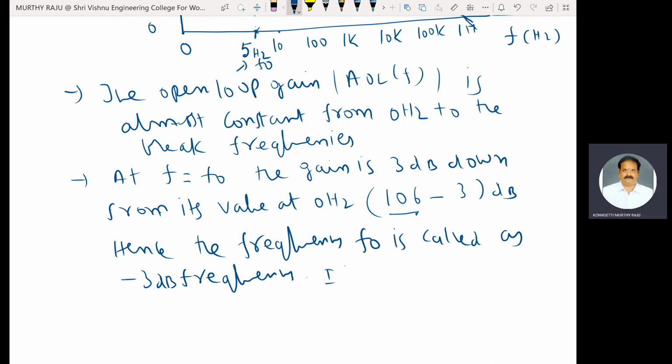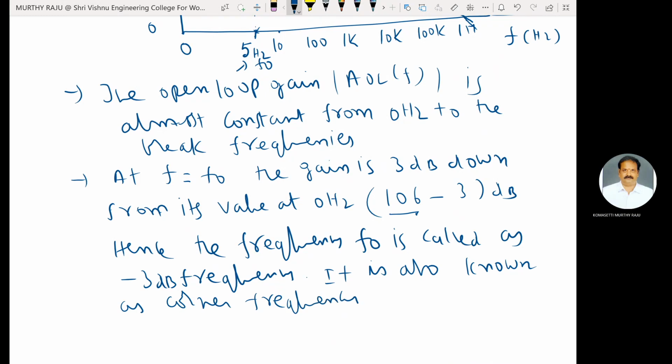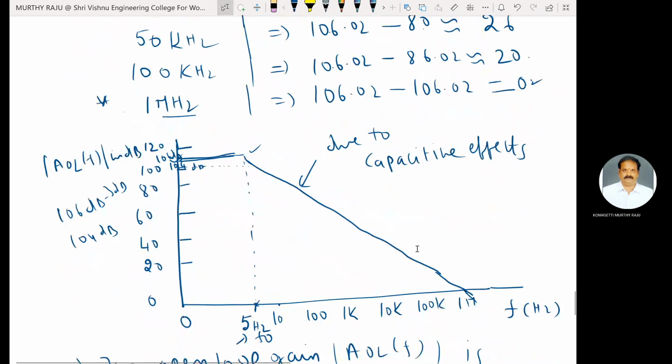It is also known as the corner frequency. 106 minus 3, that is 103 dB.